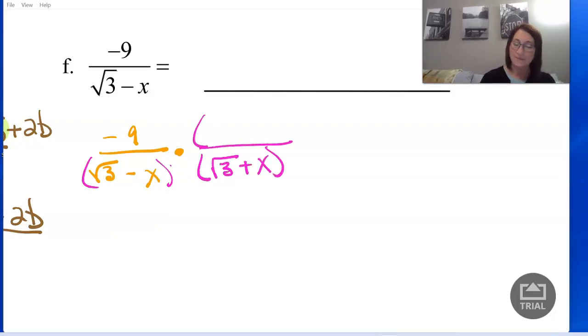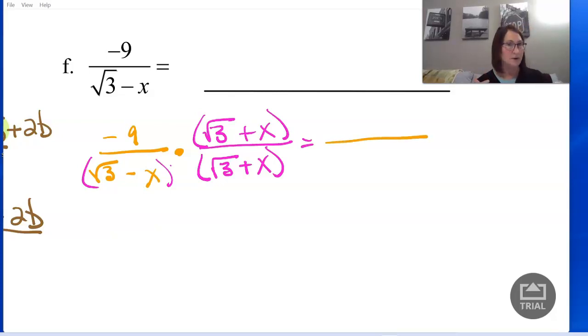And I do the same thing, square root of 3 plus x on the top. That gives me square root of 3 times square root of 3 is 3, and then minus x squared. On the top, I've got negative 9 square root of 3 minus 9x.